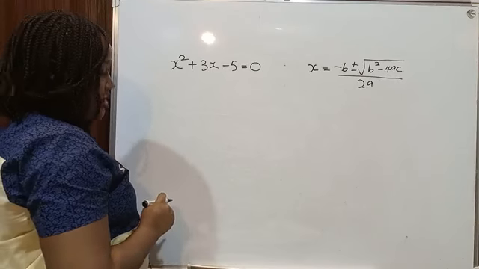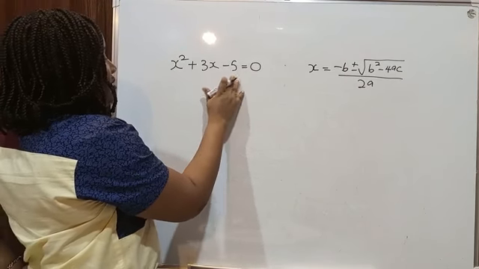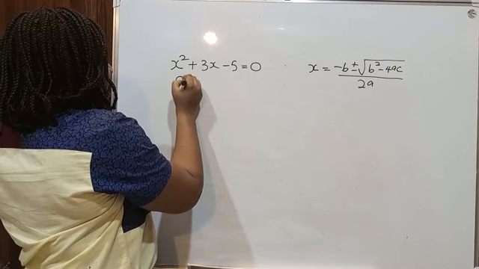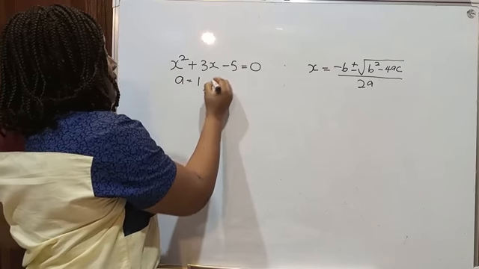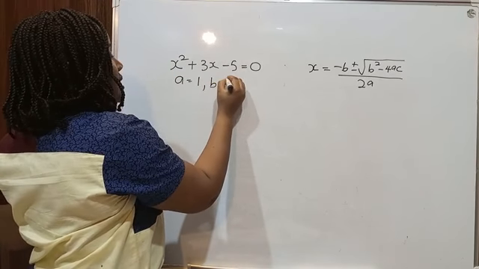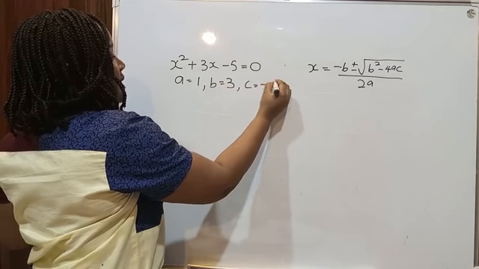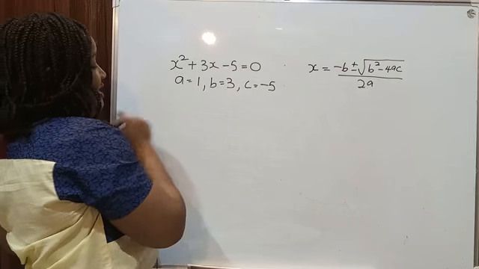So let's try solving this. You have x squared plus 3x minus 5 equals 0. So you have our a to be 1. Coefficient of x squared is 1. Our b is 3. And our c is minus 5. So let's plug it in and try to find our x.